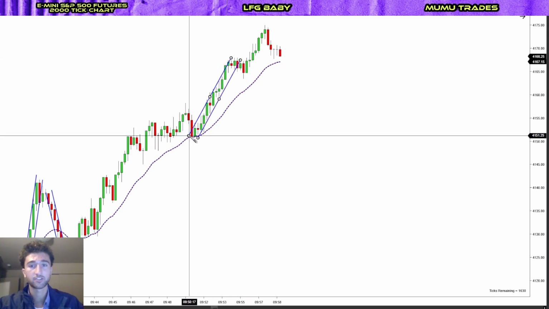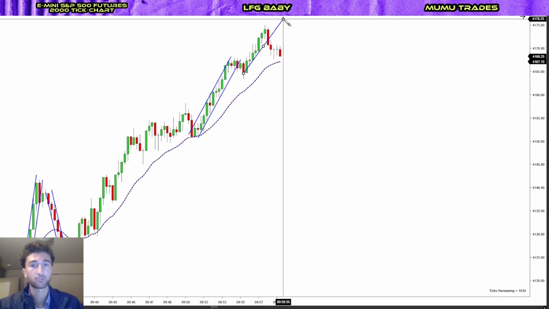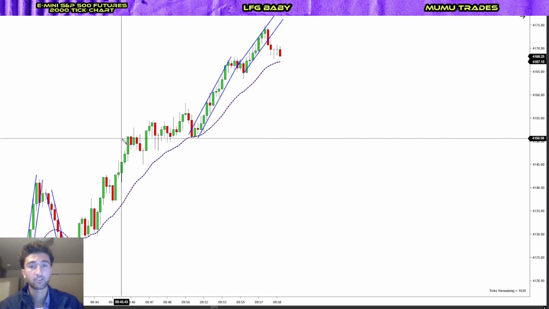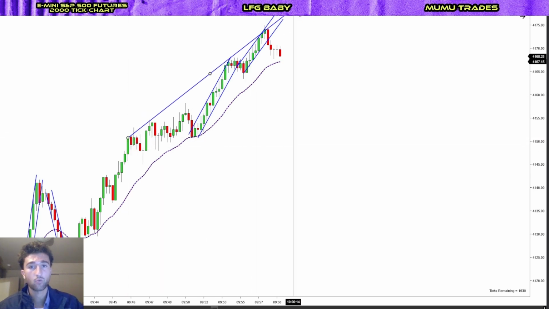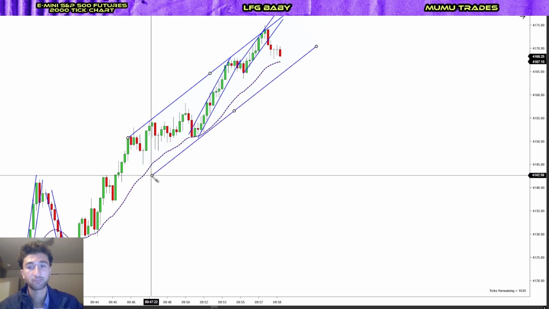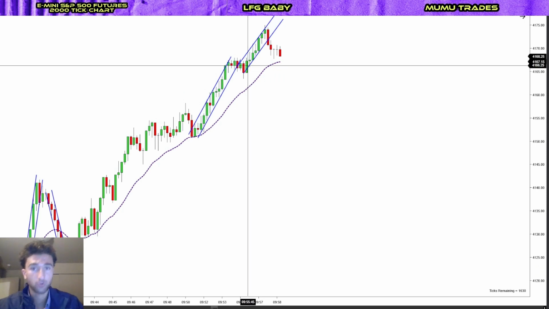So we have this short-term uptrend, we have a break, and then we actually have another short-term uptrend. We can also potentially start looking for a wider trend channel if it makes sense, but as we see, it really doesn't fit on the downward side, so let's just focus on this short-term uptrend.